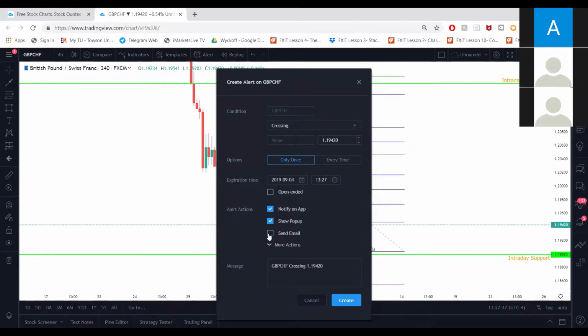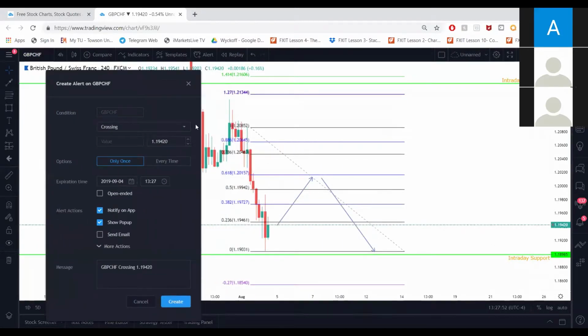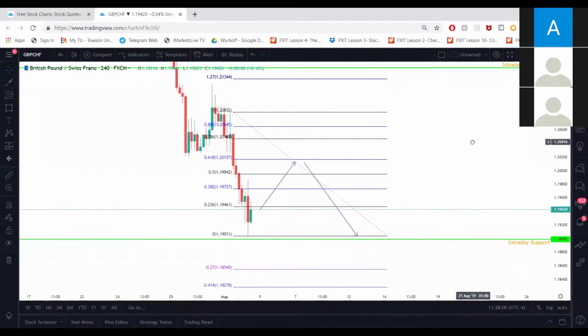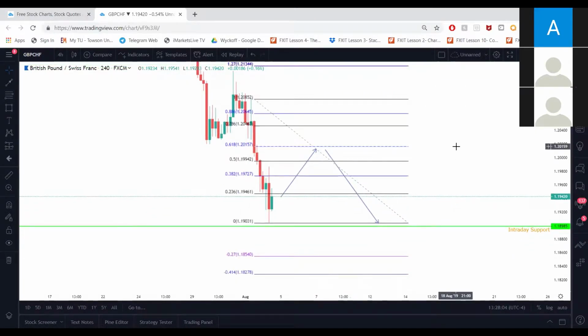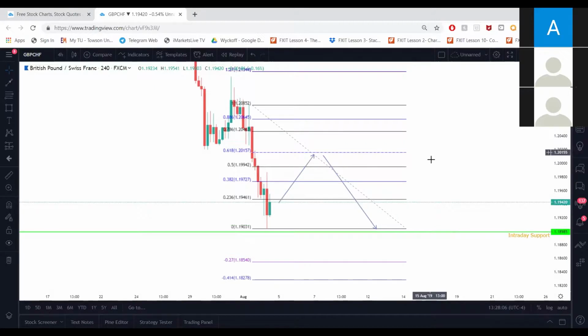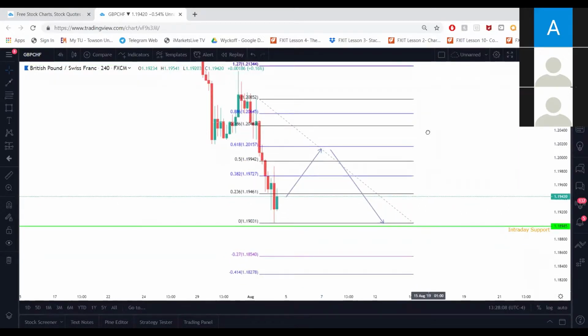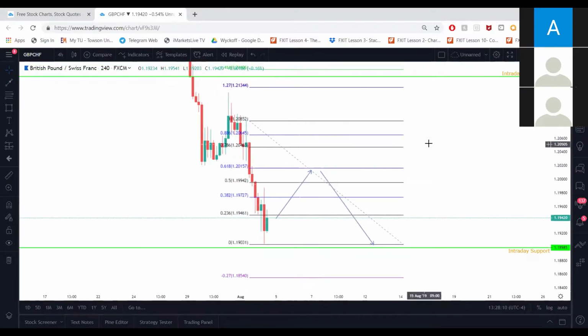You can also send by email, and you put the level, so let's say it goes to 1.200. You put 1.200 and create the alert. Or you set yourself a reminder to keep checking this. You can do it on the phone too. You just have to remember the zone that you are looking for it to respect and retrace to.